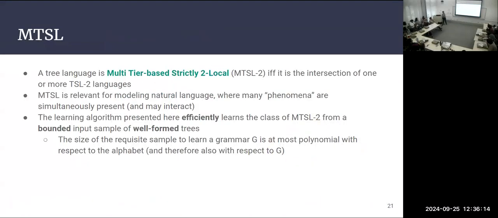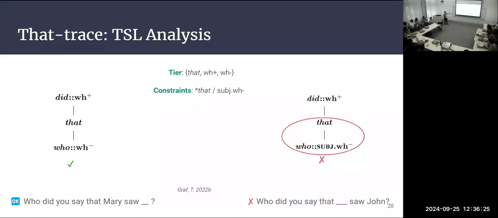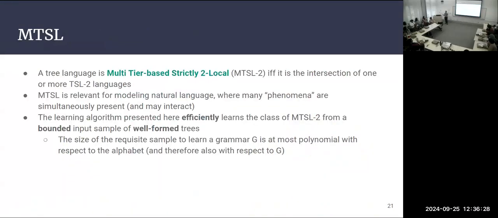Okay, so that's tree TSL. And so any given language is not just gonna have one thing going on in the syntax at a given time, right? There's a bunch of different processes and phenomena that we care about in the syntax. So a bunch of potentially complicated patterns. So like we've seen, there's a lot of work saying that almost all of them are analyzable as a TSL2 tree pattern.